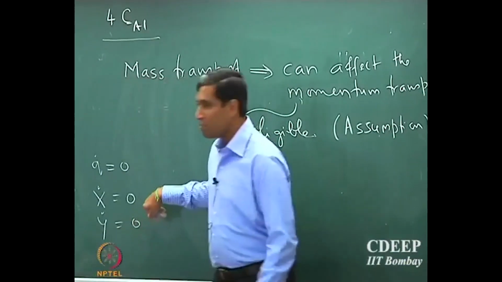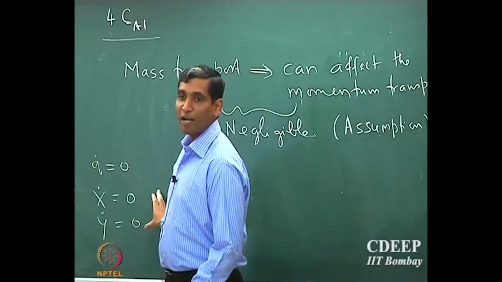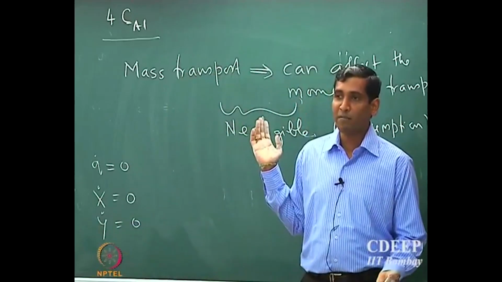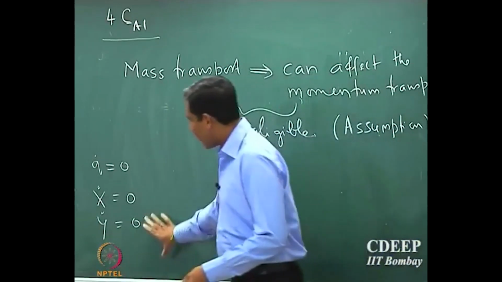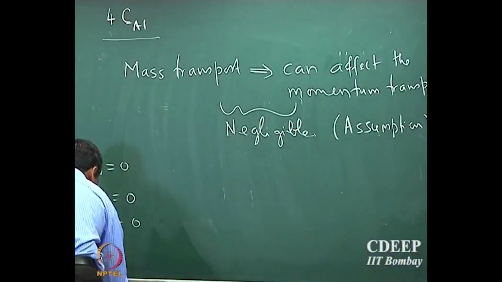We will actually include body forces when we talk about natural convection, but let us assume for now that it is 0. In order to understand the simultaneous heat, mass and momentum transport, we will make these approximations, and then we will assume that Na dot is also 0.